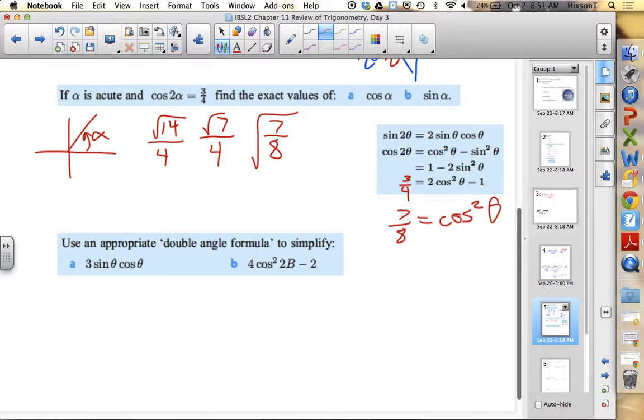Because I had to add 1 and then divide by 2. So now when you square root it, this is what you get. On the IB exam, stop there. They don't care about rationalizing your denominators and that kind of stuff. For me, I would like you to rationalize.